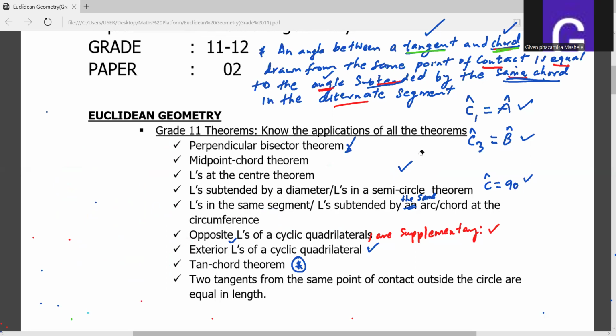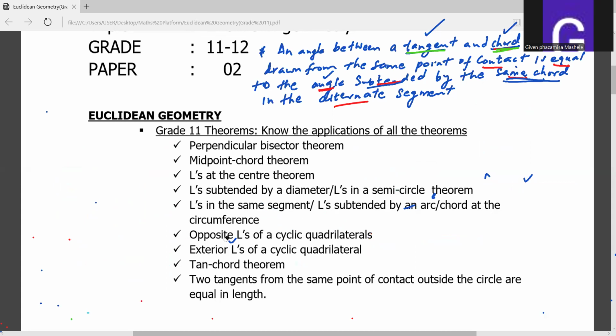The theorem says whenever you have two tangents that are drawn from the same point of contact outside the circle, those two tangents are actually equal in length. And to prove this, we use congruency. So in proving theorems we use congruency. We're using the first theorem, the perpendicular bisector theorem, we use congruency. Midpoint chord theorem, we use congruency. And two tangents from the same point, we use congruency to prove those three theorems.